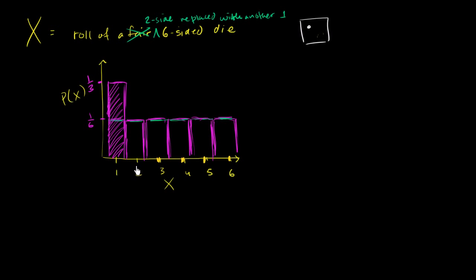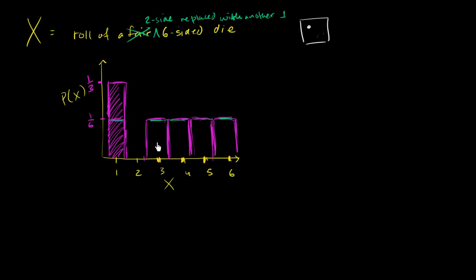Now, what's the probability of getting a 2? Well, it's impossible for me to get a 2 now. There is no 2 on this die. I've removed the 2. It's now a 1. So there's nothing here. I have no probability. I cannot get a 2. No face of this die has a 2. Now what's the probability of getting a 3, 4, 5, or 6? Well, those are unchanged.